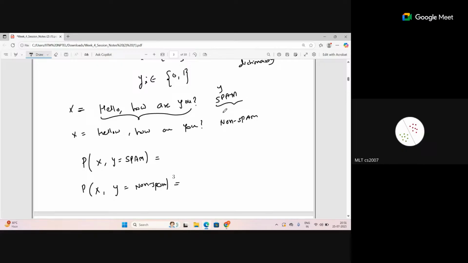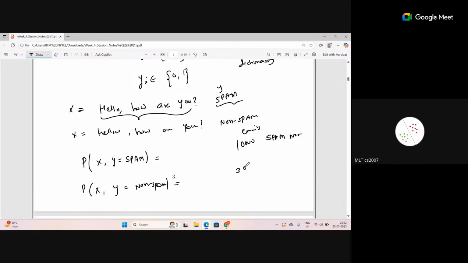How will you calculate this probability as a human being? Let's say you have 10,000 emails and their corresponding labels, whether each email is spam or not spam. What you do is count how many times this sentence occurs in those emails.